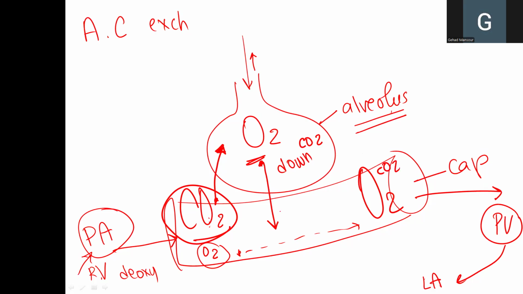So gradually, as we move forward after having done the exchange, the amount of carbon dioxide diminishes. So at the end of the capillaries where they are going to join with the pulmonary veins, you have a high concentration of oxygen because you have loaded your capillary with oxygen via diffusion down concentration gradient, and you have a low concentration of carbon dioxide because you have unloaded your capillaries from carbon dioxide.